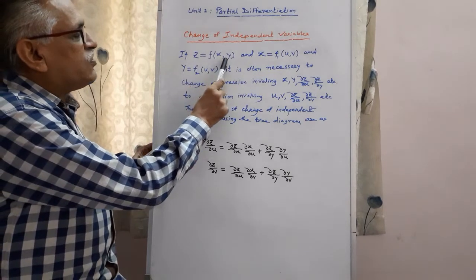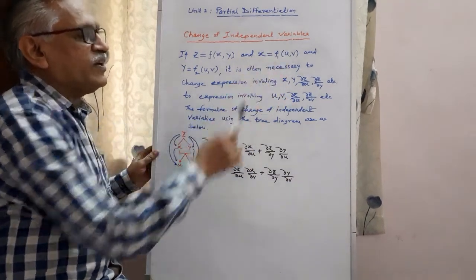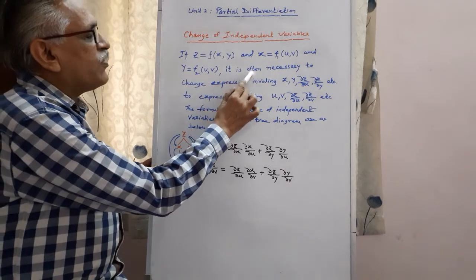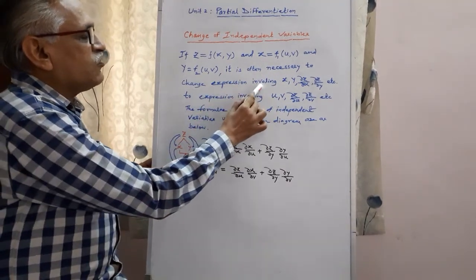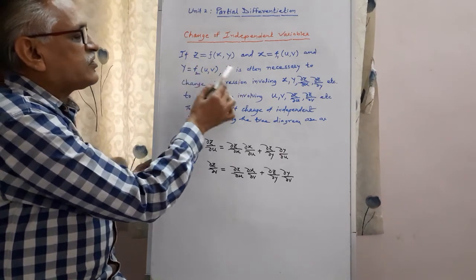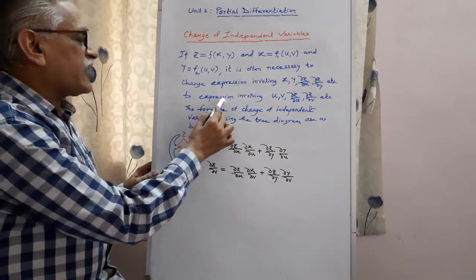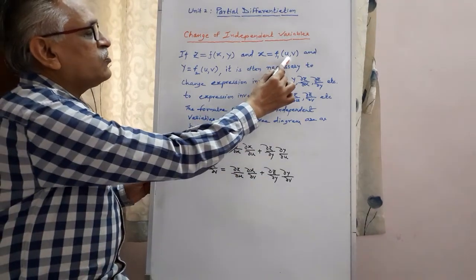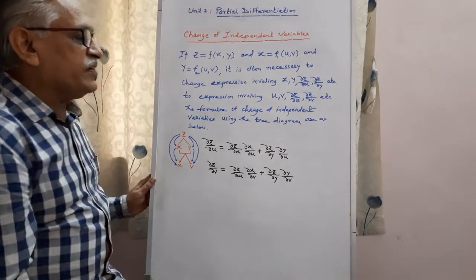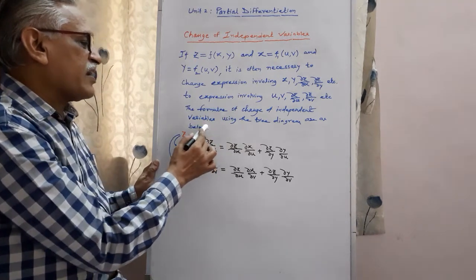If z is a function of x, y, two independent variables x and y, and x is equal to some function of u and v, and y is also a function of that u and v, then it is often necessary to change expressions involving x, y, these two independent variables, and derivatives of z with respect to x and with respect to y, etc., to expressions involving u, v, and derivatives of z with respect to u and with respect to v, etc. The formulae of change of independent variable using the tree diagram are as below.